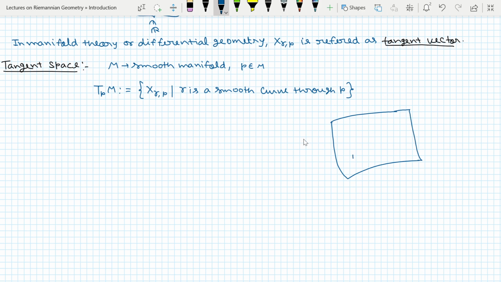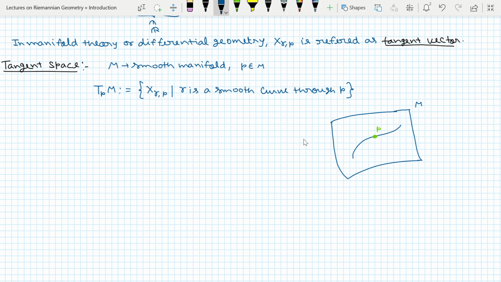and on this manifold you have this curve passing through a point P. But on this same curve you can also go left to right, or right to left, and you get those tangent vectors of two directions.